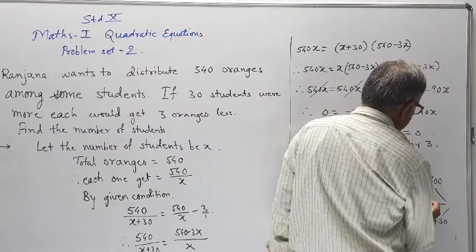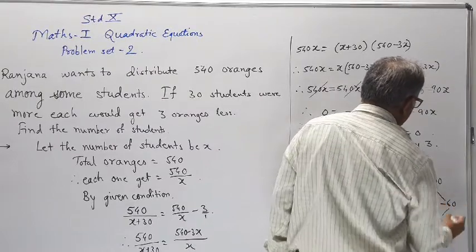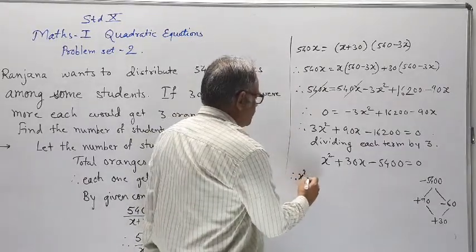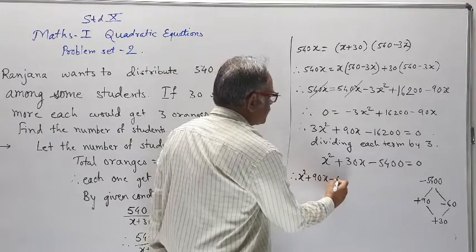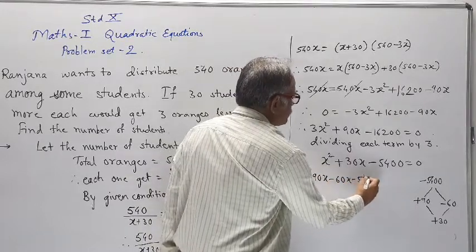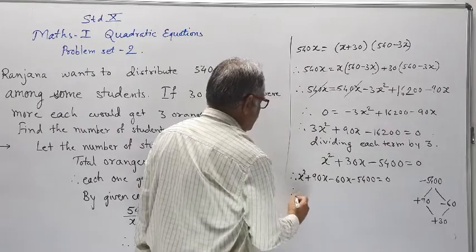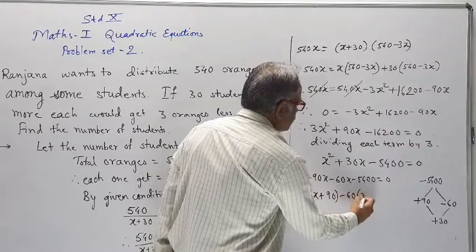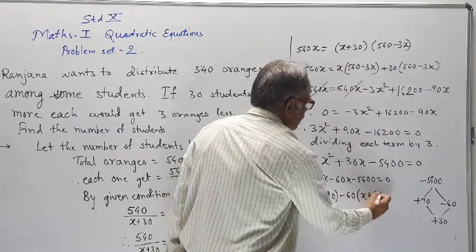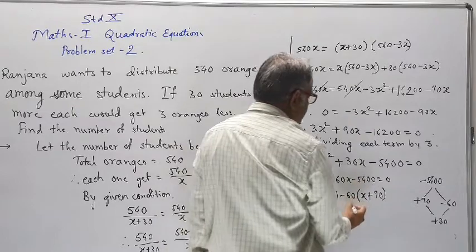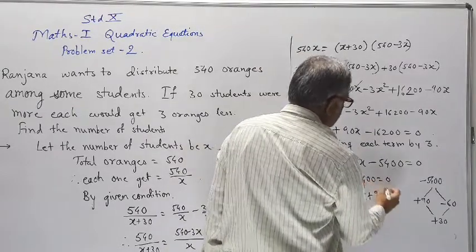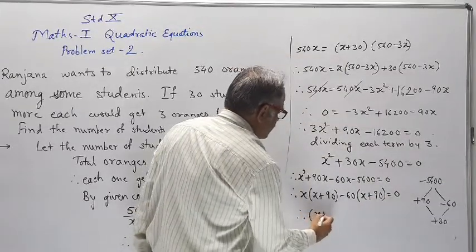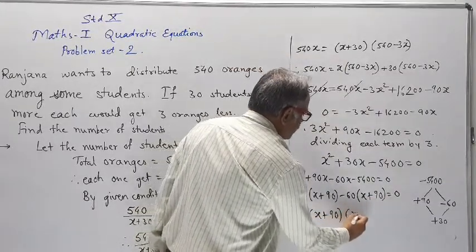Find the numbers. 9 6s are 54, so 90 and 60. x square plus 90x minus 60x minus 5400 equal to 0. x into x plus 90 minus 60 into x plus 90. Because minus is taken common, the sign changes. 60 into 90 is 5400, 6 9s are 54. So common bracket x plus 90, other bracket x minus 60.